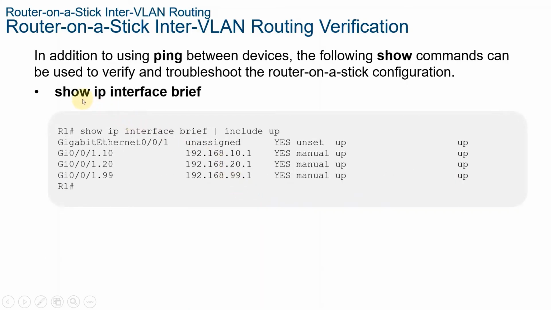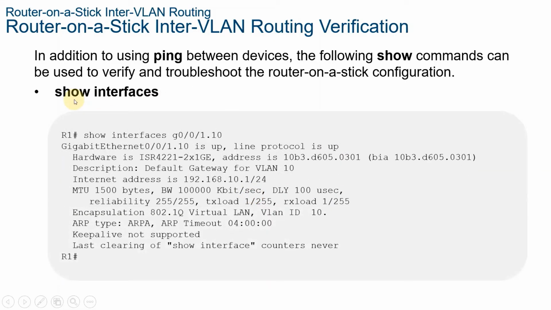The next one would be show ip interface brief. Another useful router command is show ip interface brief. The output here confirms that the subinterfaces have the correct IPv4 addresses configured and that they are operational. You have the status there, up and up.